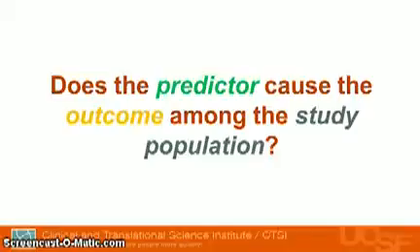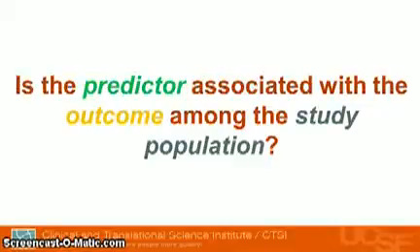You may want to alter it slightly if you're doing an observational study looking for associations and perhaps not as focused on direct causality. So you might say, is the predictor associated with the outcome among the study population? So let's look at some examples of how to develop these research questions with those three components.